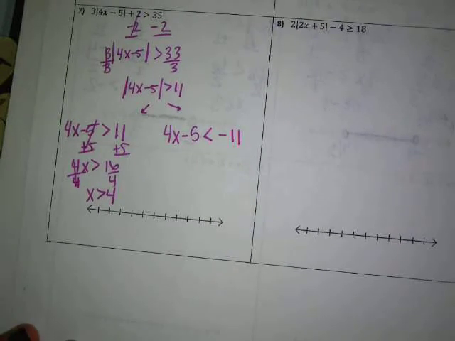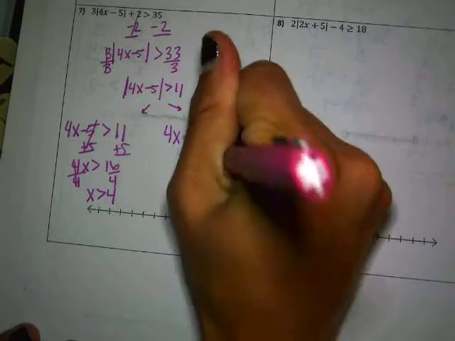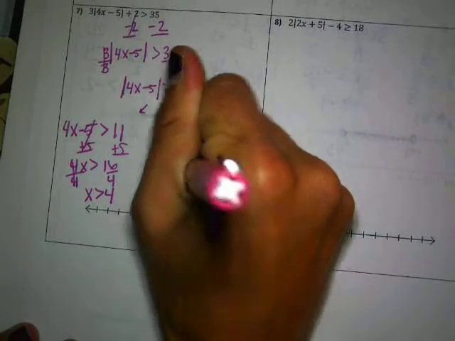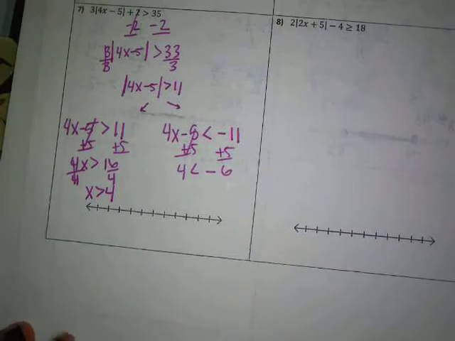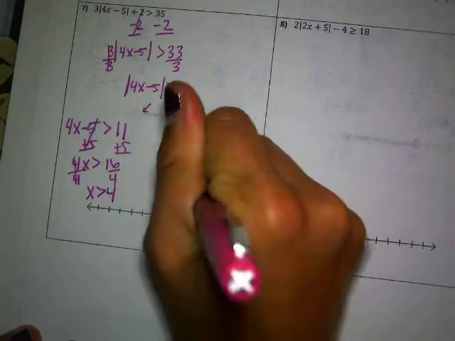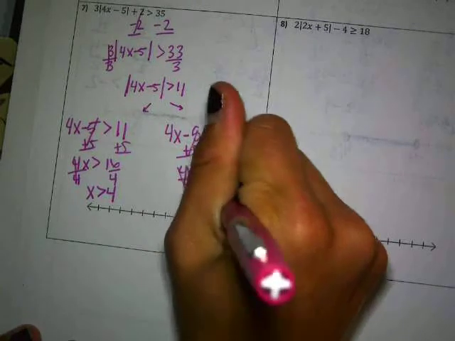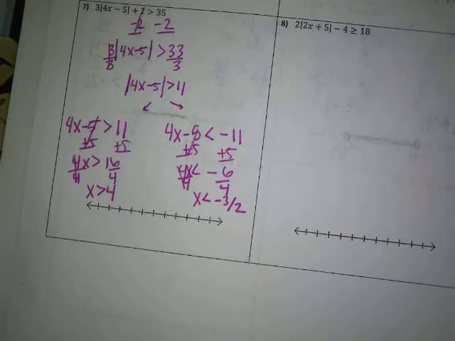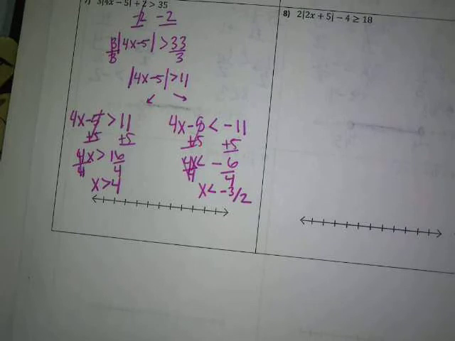Add 5. And then the second step? Divide by 4, very good. So x is going to be less than, I can reduce this, -3/2. Yes, very good.